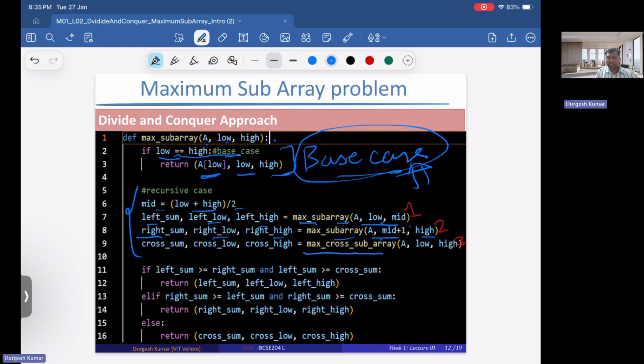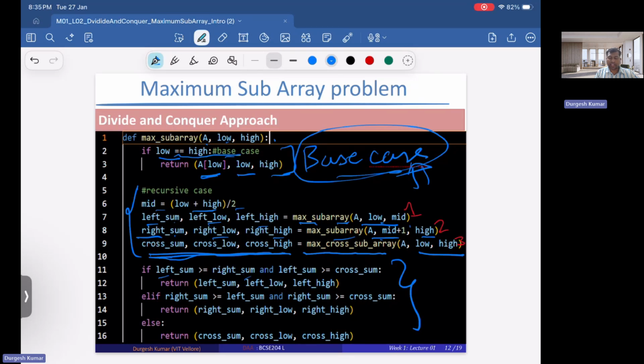Then the third function, maximum crossing subarray from low to high, will find whether there is any subarray that spans across the middle. Here we are just comparing the left sum, right sum, and the cross sum. Whichever is greater, we return the corresponding sum and the low and high values.